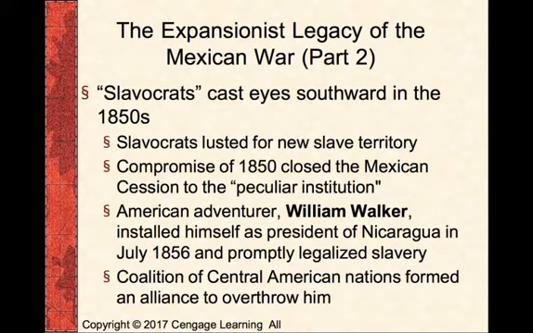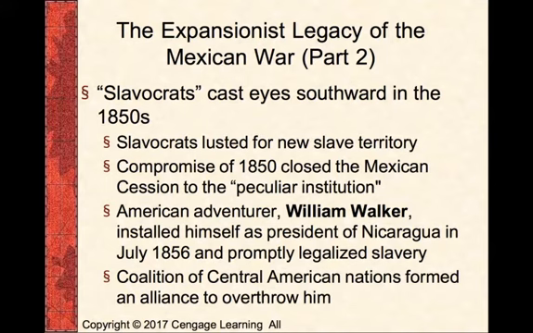So an American adventurer named William Walker actually goes down to Nicaragua and installs himself as president of Nicaragua in 1856 and promptly legalizes slavery. Rather bold move of him.